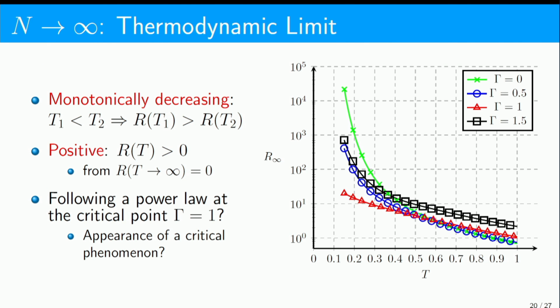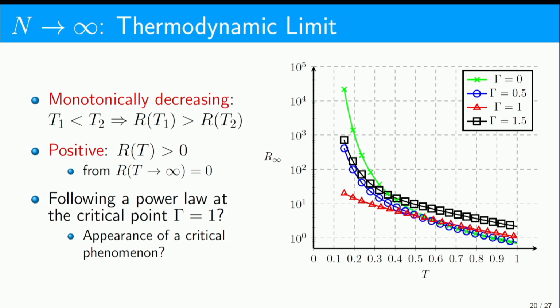Our first case, in the thermodynamic limit: the temperature dependence of the scalar curvature is on the right side with a semi-log plot for the y-axis. As you can see, the scalar curvature is monotonically decreasing, and it is positive. These properties seem to be independent of the strength of the transverse field.